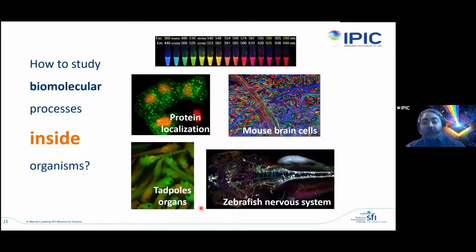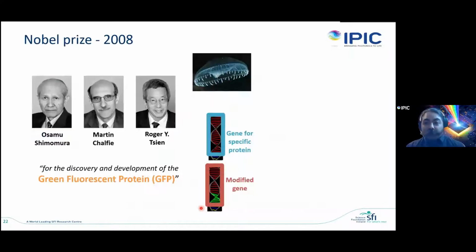This was only possible because of the discovery of the green fluorescent protein. And this discovery actually gave these three people their Nobel Prize in 2008. What they did is they discovered this green fluorescent protein in jellyfish, and they saw which DNA structure would generate this kind of protein.